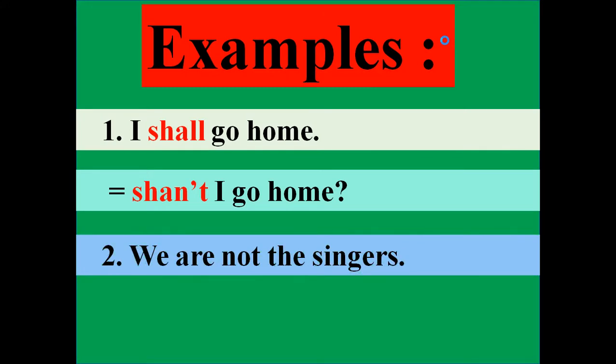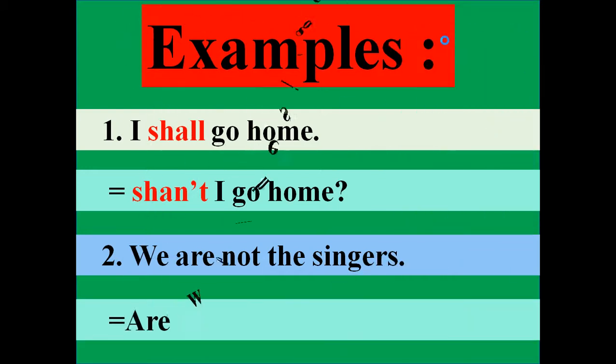Next, number 2, we are not the singers. Okay, we are not the singers. Here we find are not in this example number 2. Look here, are we the singers?